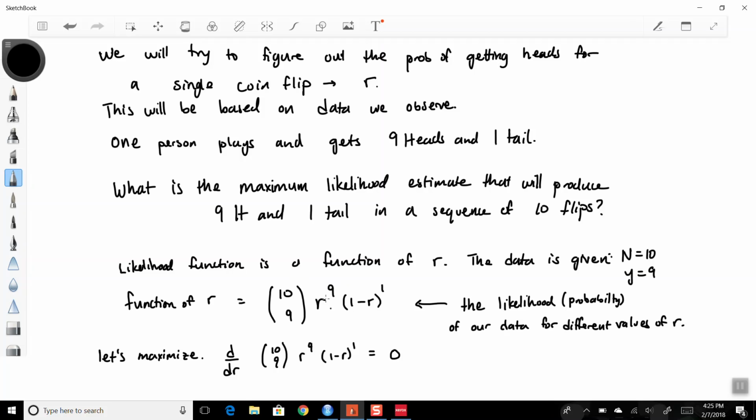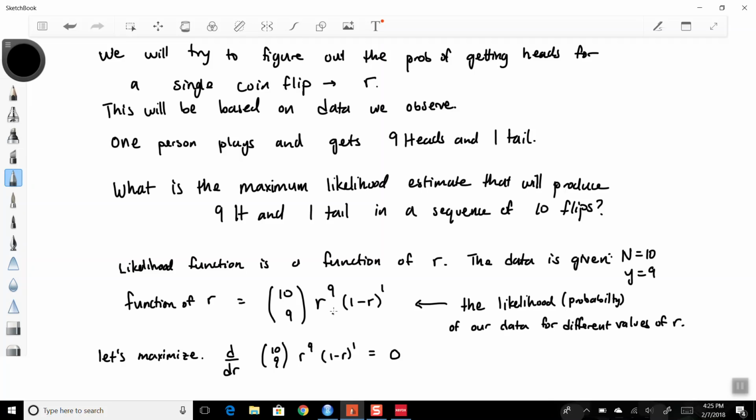Here, we have a continuous variable R. R can be any value from 0 to 1, and it could be like 0.4476558, okay? It could be any type of thing. So this likelihood function is a continuous function going over all possible values of r, which in this case goes from 0 to 1, and that's why we can differentiate it, right?